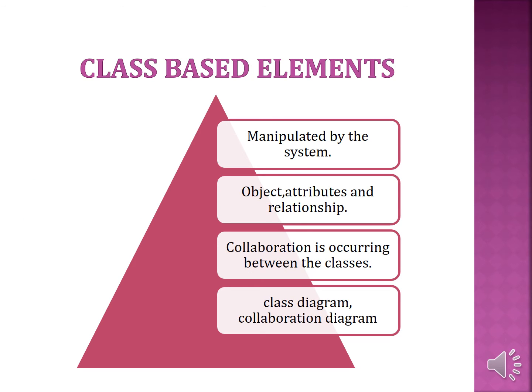Then the second element, that is the class based elements. Each usage scenario implies a set of objects that are manipulated as an actor interacts with the system. These objects are categorized into classes, a collection of things that have similar attributes and common behaviors.